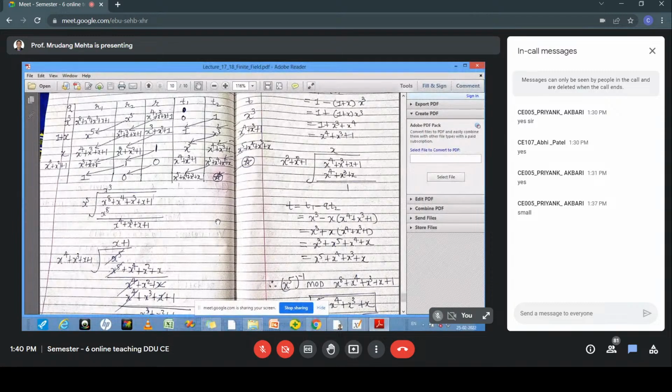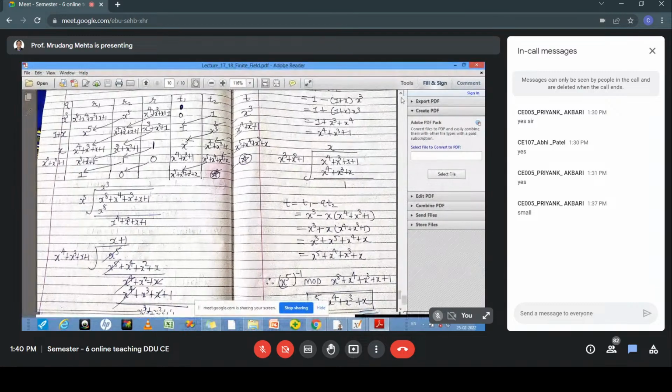Right? So because 0 minus 1 into Q, and minus is actually XOR. So we take plus.